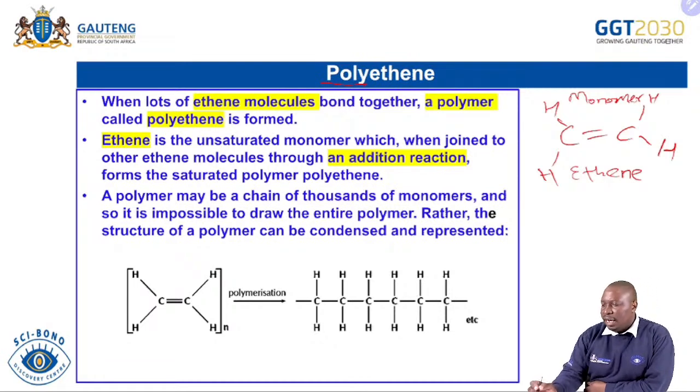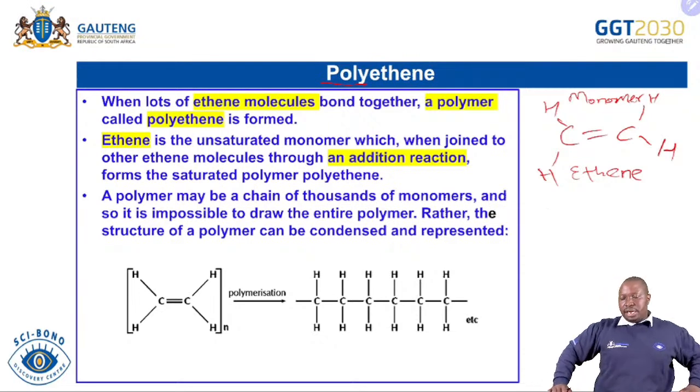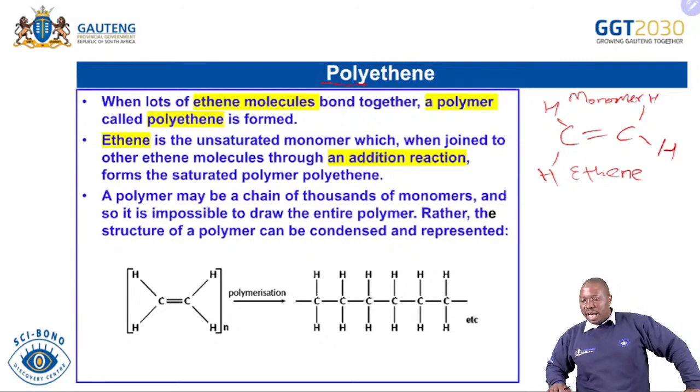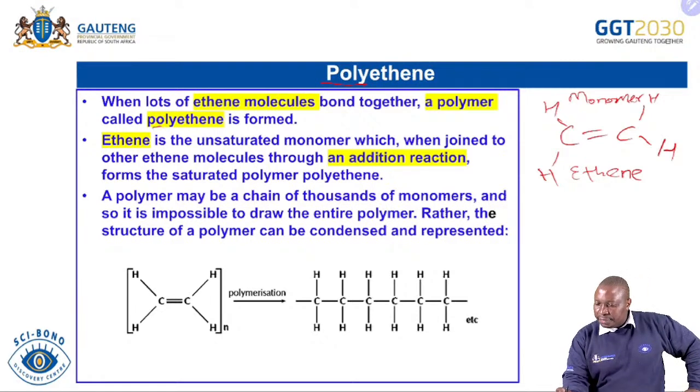Remember, when you see unsaturated or a double bond, you know that the type of reaction that will take place will be addition. But in this case, the type of addition, we call it addition polymerization. If you check the first bullet there, it says when lots of ethene molecules bond together, a polymer called polyethylene is formed.